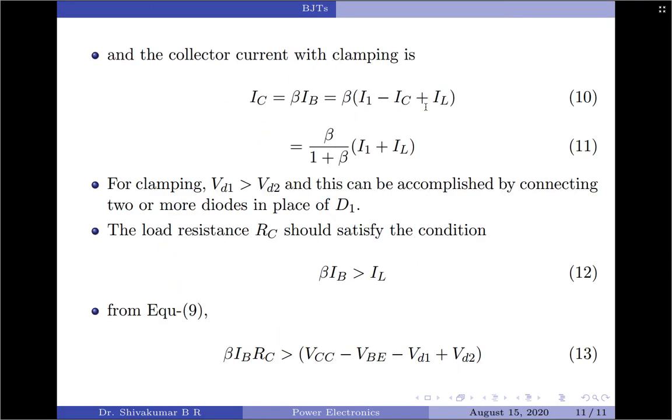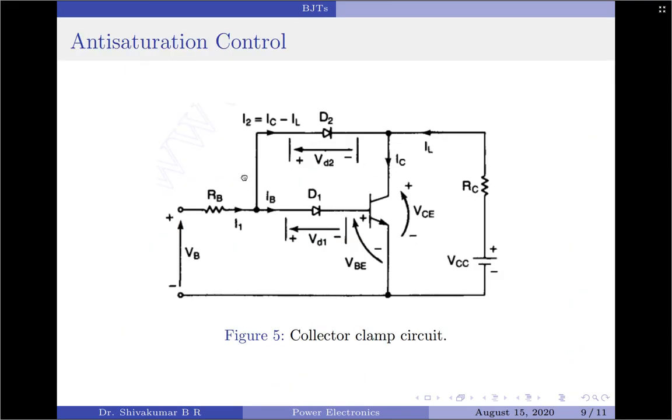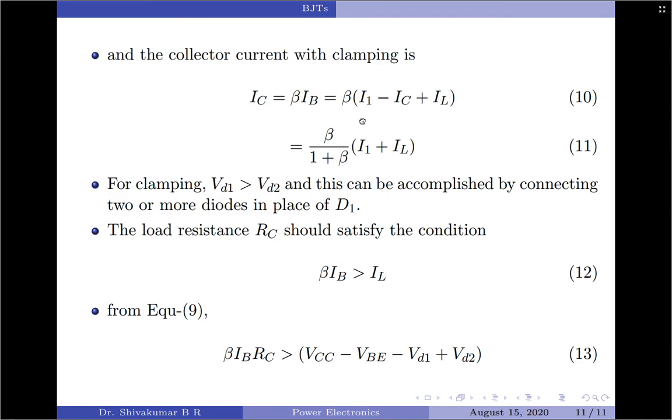So I1 minus IC minus of minus IL becomes plus IL. After a little simplification, because IC is nothing but beta IB, and IB is then related to the load current, we simplify this equation to get beta divided by 1 plus beta, multiplied by (I1 plus IL). I1, you have to remember, is the base current. Please do not misunderstand. And that is what we have done in order to turn IC into IB.